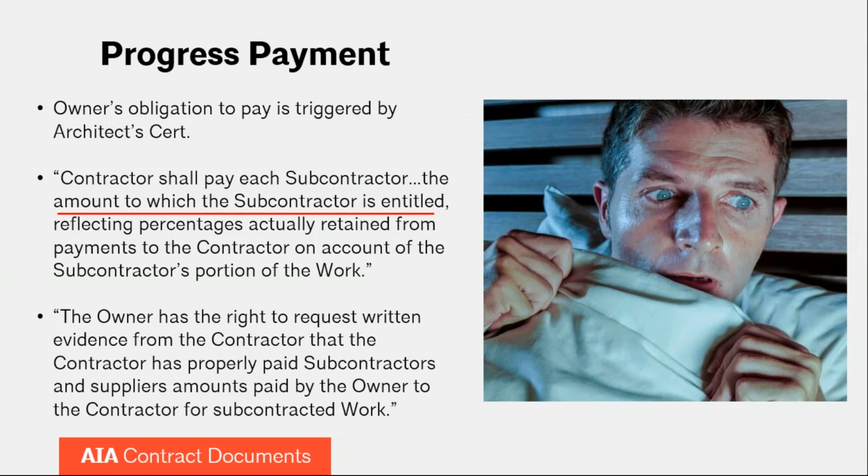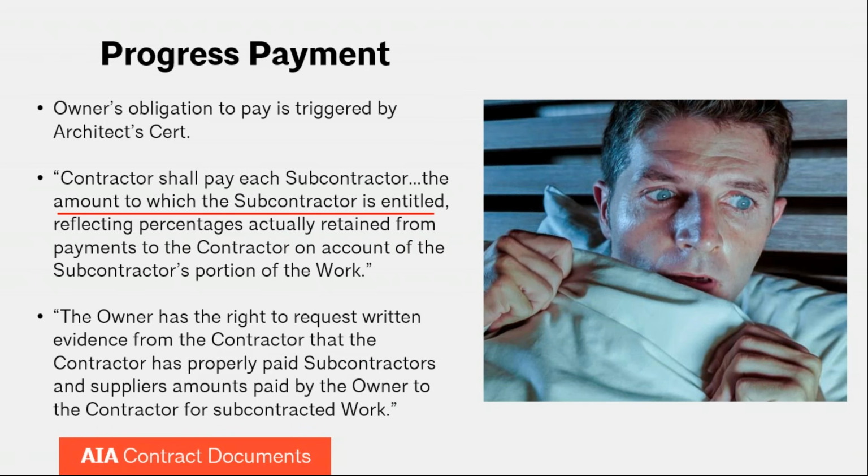The contractor is required to pay each subcontractor the amount to which the subcontractor is entitled. And the owner actually has a right, once payment is made, to request written evidence from the contractor that the contractor has properly paid subs. The owner can even contact subcontractors to see if they've been paid if the contractor doesn't provide that level of evidence that they've been paid.